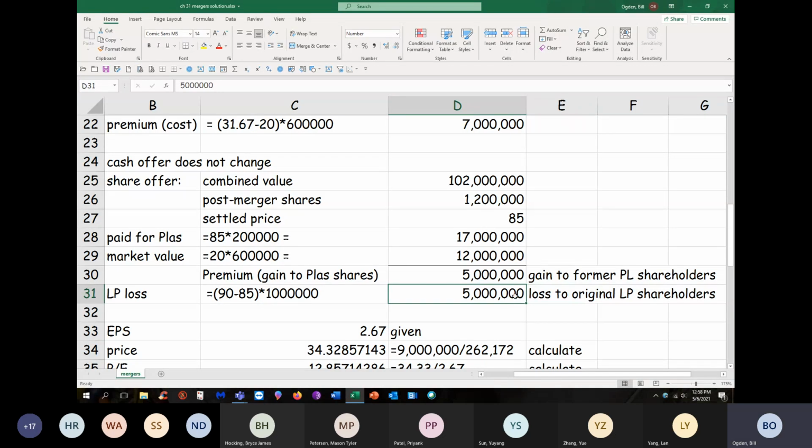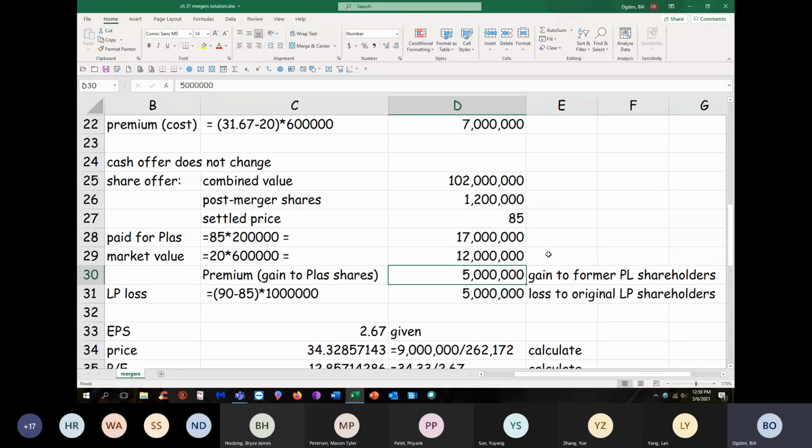Okay, so I'm comparing the wealth effect to the original LP shareholders. And so the new LP shareholders, that would be the former PLAS shareholders, they're better off by $5 million with this merger.